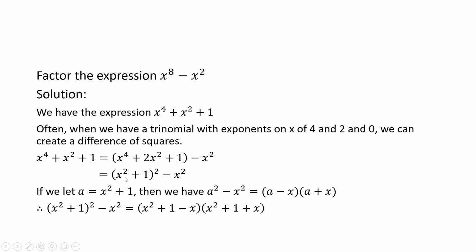If we let a be x squared plus 1, we would then be able to say we have a squared minus x squared, which would of course be a minus x times a plus x. So that would mean x squared plus 1 quantity squared minus x squared is the same as x squared plus 1 minus x times x squared plus 1 plus x.